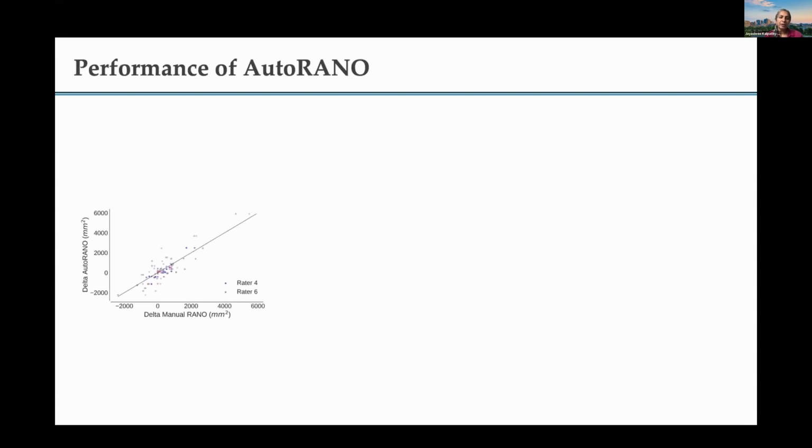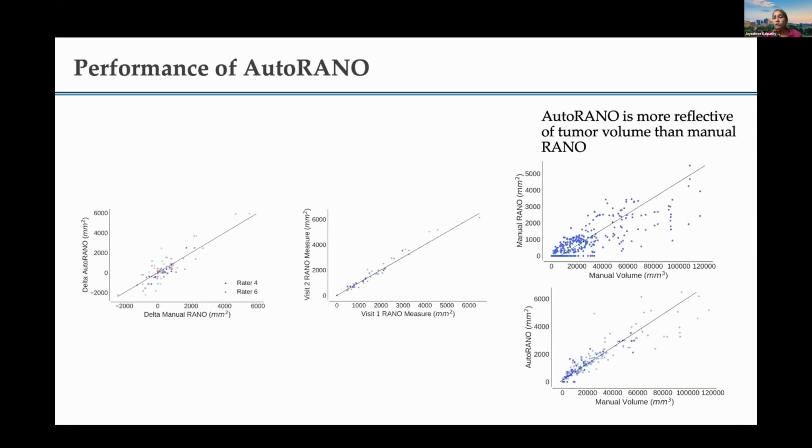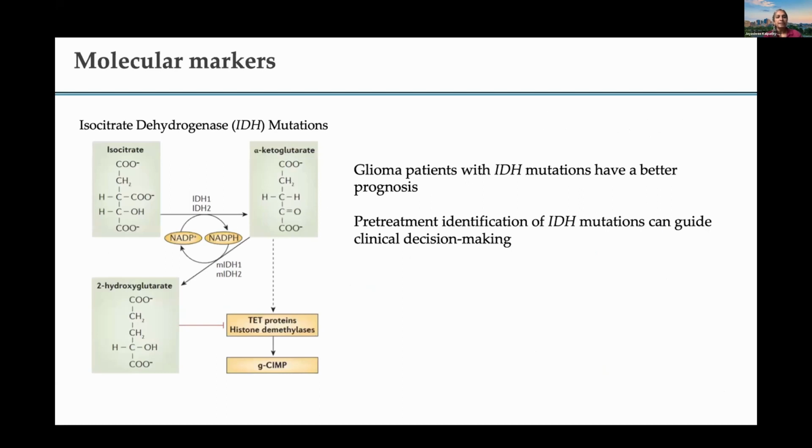So we again show that we are able to assess the change, so delta between time points, with very good agreement between the manual and the automatic measures. We can also show that our automatic RANO measurement is actually more representative of the true tumor volume compared to, for instance, the human-derived measures.